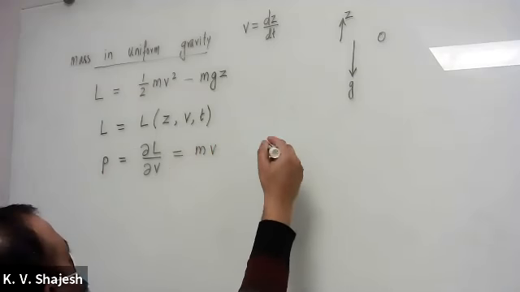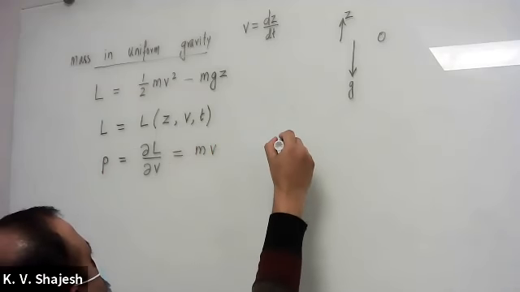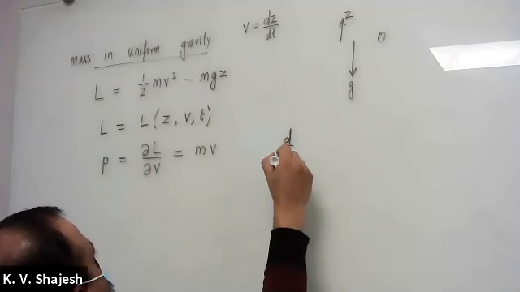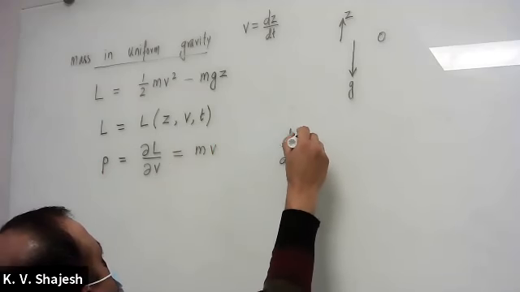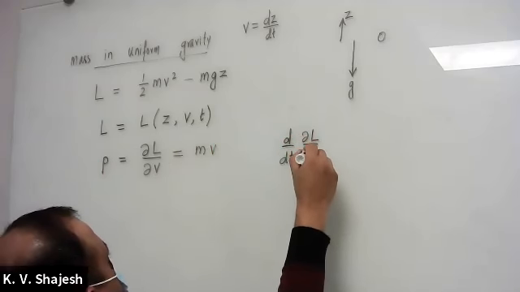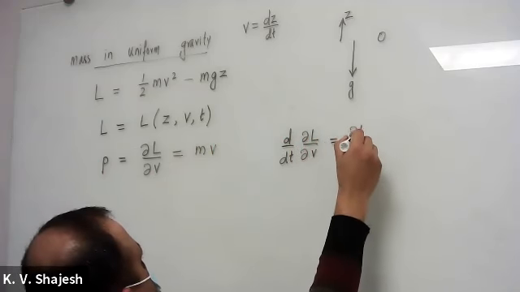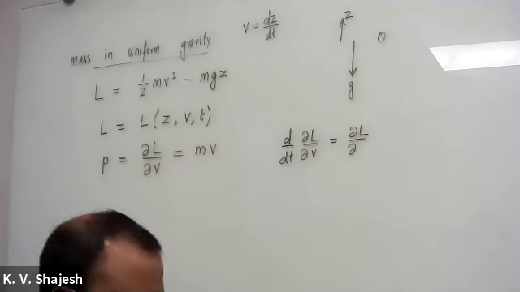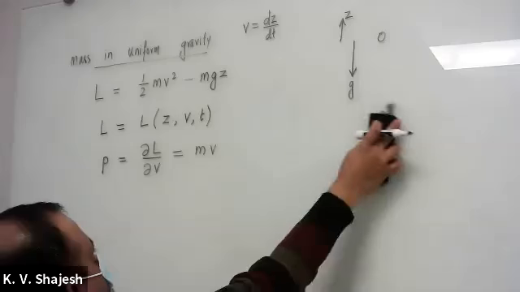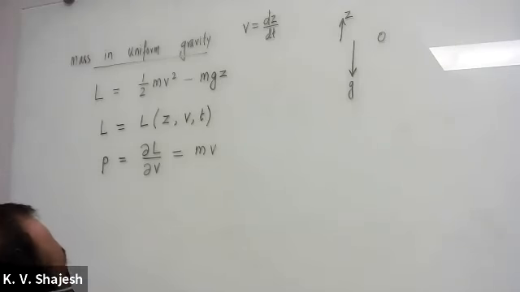Of course, we have time. Our Euler-Lagrange equation will be the time derivative of dL by dv is equal to dL by dz. Let me write that explicitly here.